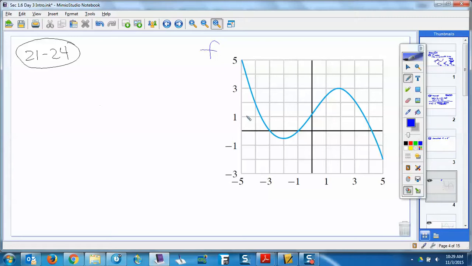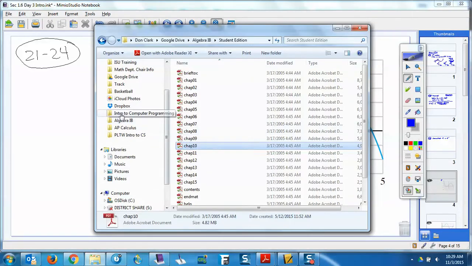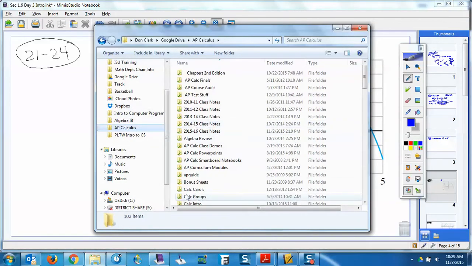On what intervals is F prime negative? You know what? Let me bring up something here.